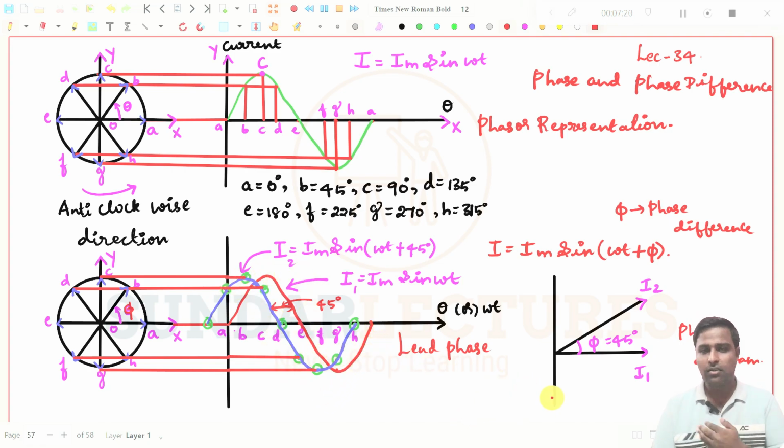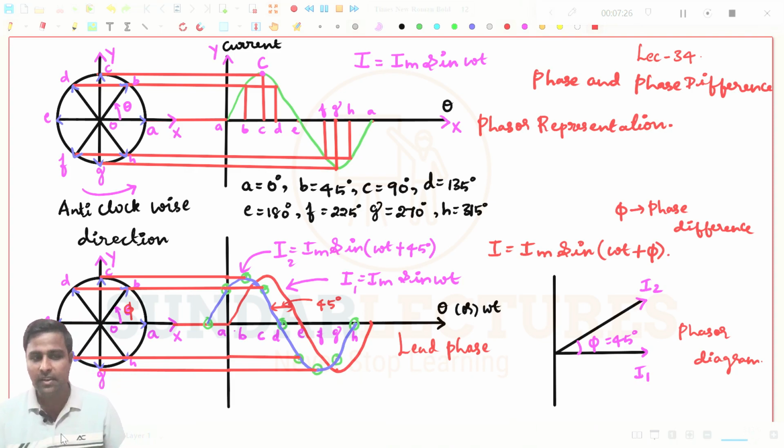If you are taking a phasor diagram, how can we draw it? See, phasor diagrams can be drawn like this. Which is the reference phasor here? I1 is the reference phasor, right? So I1 will be this one, and I2 will be 45 degrees leading. 45 degrees leading means you have to draw it above I1, and you make this angle 45 degrees.